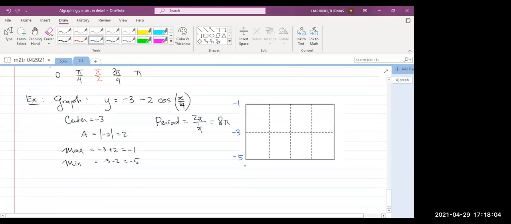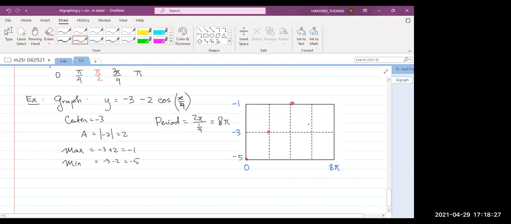Now, the starting point is 0, but the period is 8 pi. So from 0, one cycle finishes at 0 plus 8 pi. The graph is the graph of negative cosine, which means that instead of from the top, because you make it upside down, it starts from the bottom.